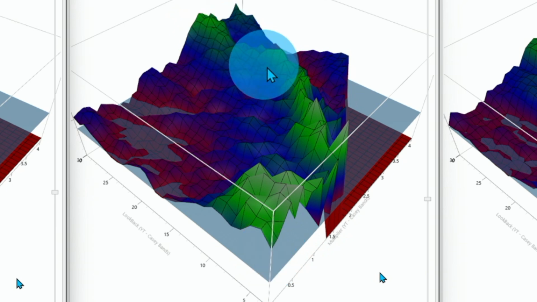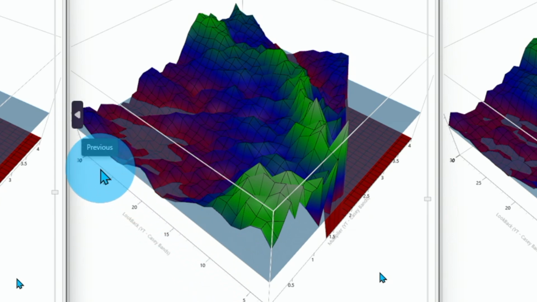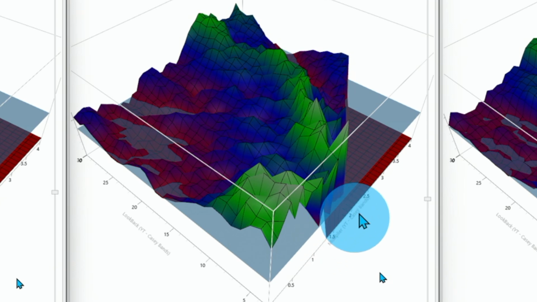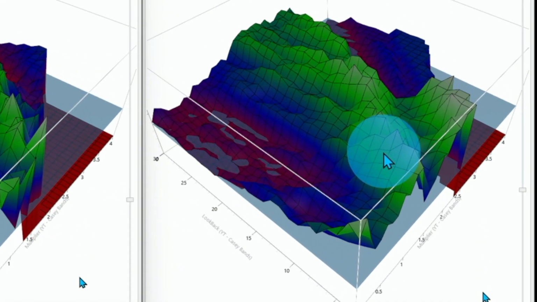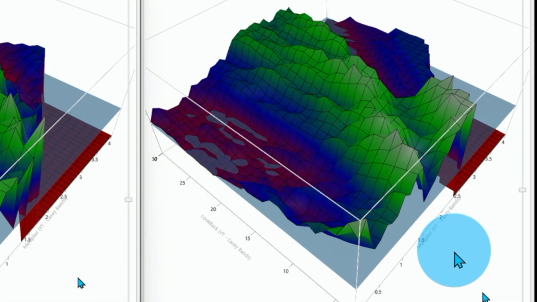We can see this band is narrower, and this represents a moving average between 10 and 30 and an ATR multiple between 1.5 and 3.5. And then we have a small patch here, which is a moving average of 5 to 10 and an ATR multiplier of 0.1 to 1.5.